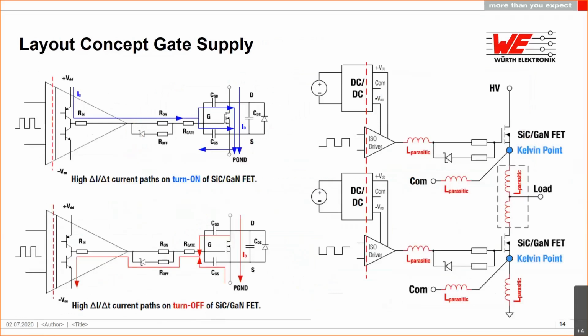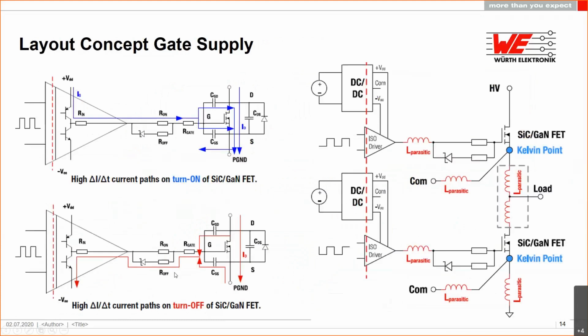If you're driving a discrete GaN FET, not an integrated one like TI does in this example, with a discrete driver for it, then it's beneficial to split up the R on and R off of the gate drive. If you switch on the device, the current flows this way, and if you switch off, the current flows this way.